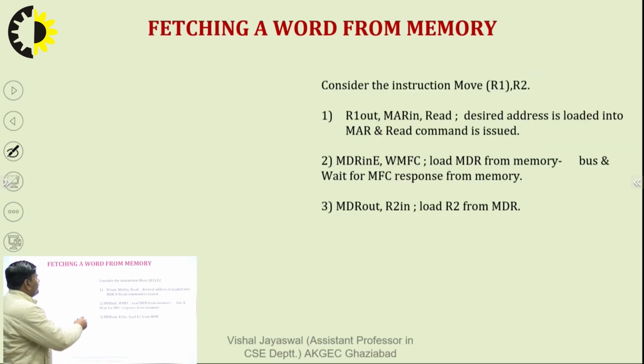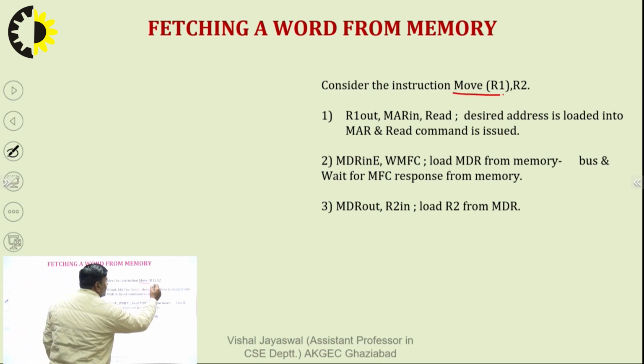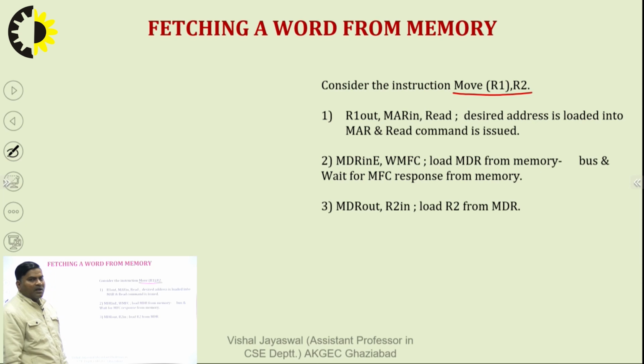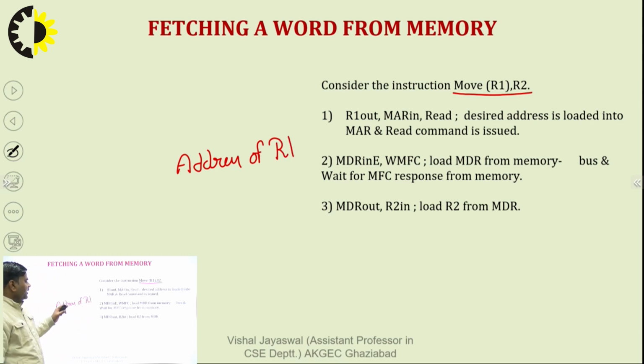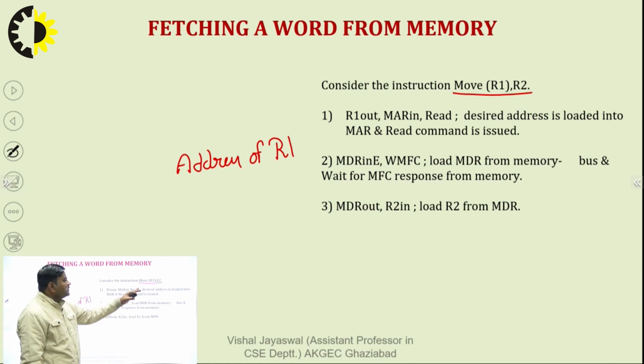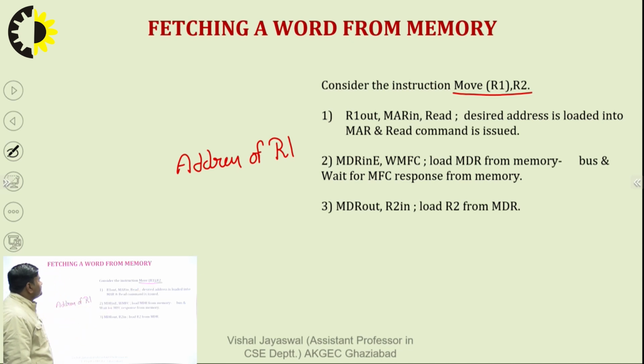If we want to fetch a word from memory, we have to take an example, that is move (R1), R2. It means we are going to take the address as the content of R1 and the value goes to R2.